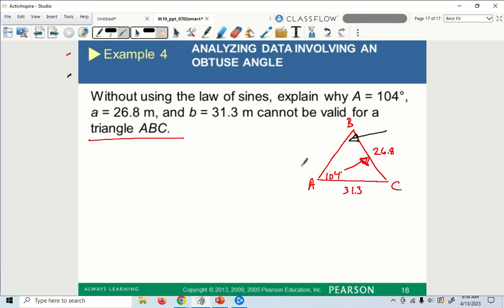Okay, so you're saying that all three together can only add up to 180. Very good. And this B can't be bigger because 104 is already more than half of it. Very good. That's perfect. That goes back to what I was trying to say on the warm-up. Make sense? Okay. So that's why it's not a valid triangle. So this one's going to be a no triangle.